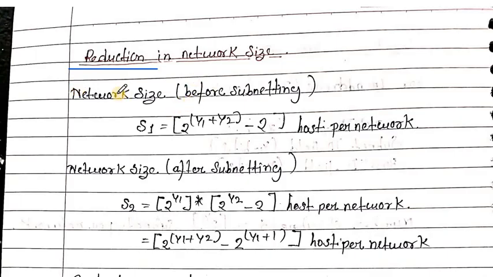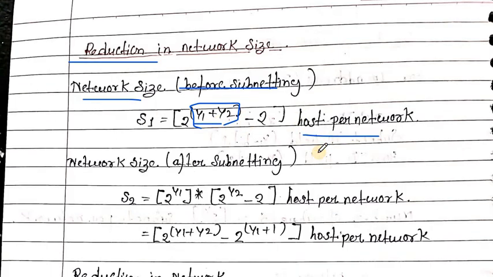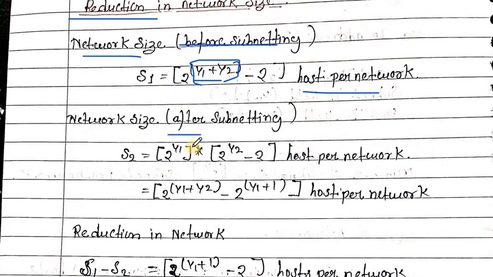The network size before subnetting: y1 plus y2, which will equal the host ID bits. So the hosts per network is 2 to the power (y1 plus y2) minus 2. After subnetting, the formula becomes 2 to the power y1 for subnetworks, and each subnetwork has 2 to the power y2 minus 2 hosts per network.